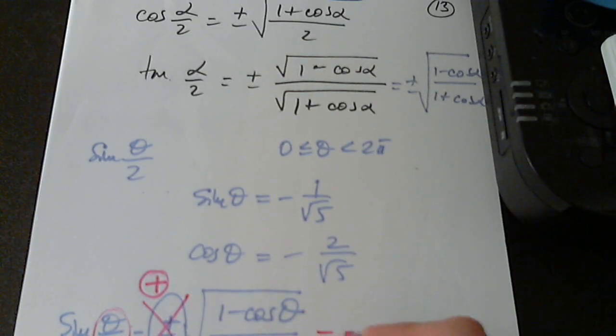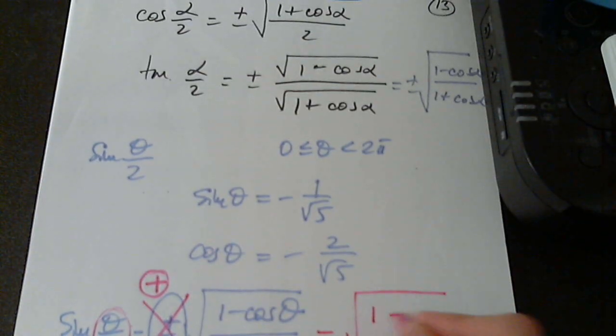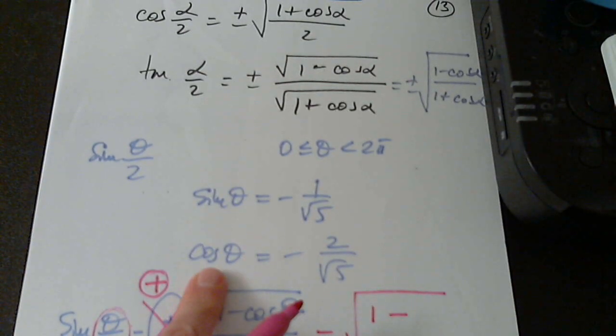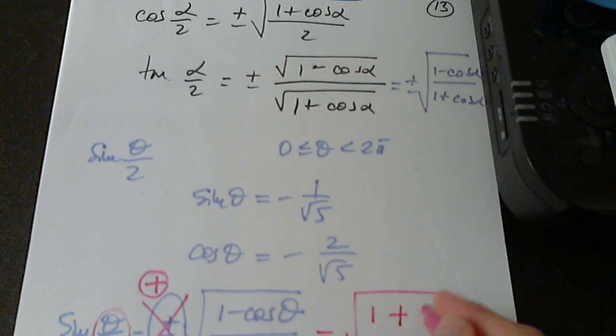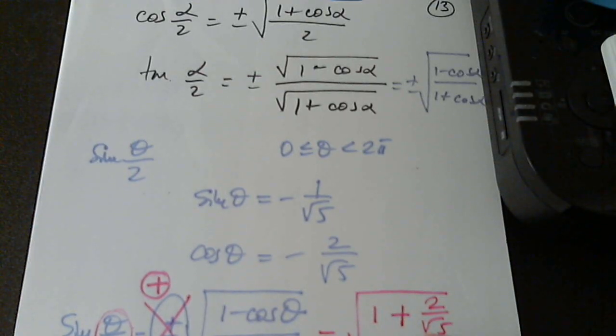So therefore, I can continue: the square root of 1 minus cosine theta, which was determined as minus 2 over the square root of 5, everything divided by 2. Yes, it needs a little bit of simplification, but first I had to use the formula.